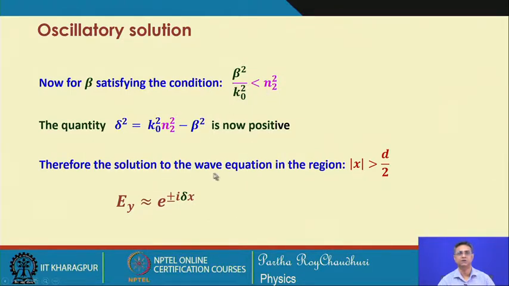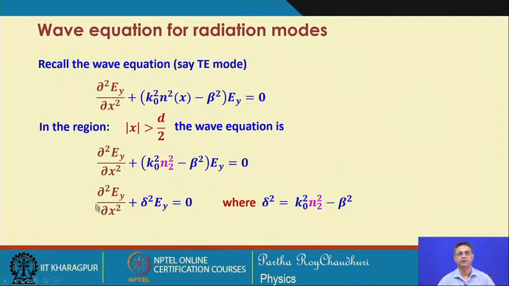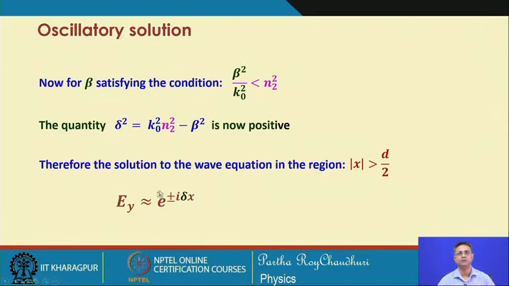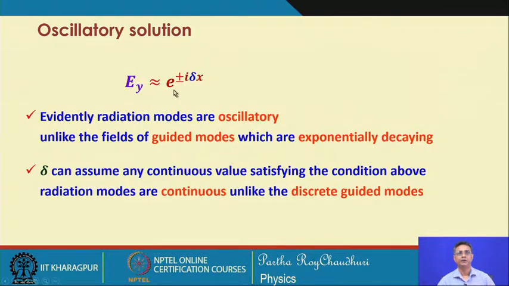Therefore, the solution in the cladding region is E y approximately equal to e to the power of plus minus i delta x.